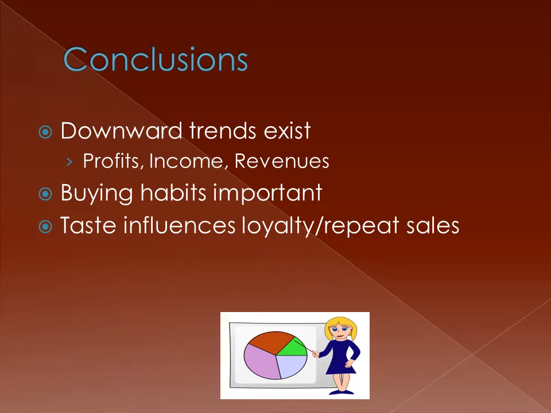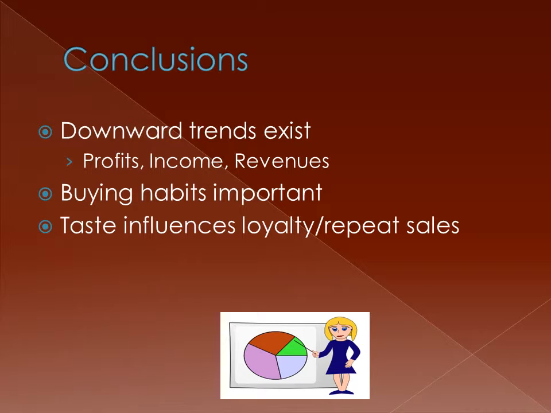So the conclusions of this are that downward trends were proven to exist in profits, income, and revenues, as shown in the graphs. Buying habits are important, with loyalty and repeat customers. The more the customers repeat the purchase, the more sales are maintained, and hopefully more consumers will be able to buy your product and increase those trends upward.